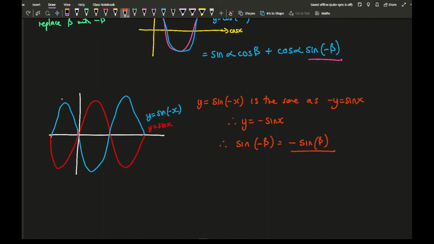Now from this, what I can then do is replace this into this here, giving us that sine of alpha minus beta is going to be equal to sine alpha cos beta minus cos alpha sine beta. So the only thing that's changed is the sign in between the sine and the cos of the beta.